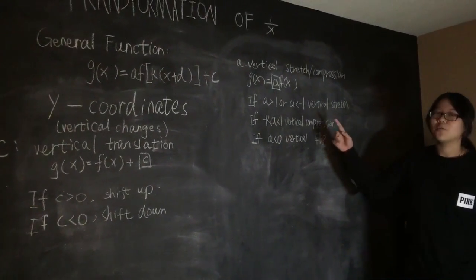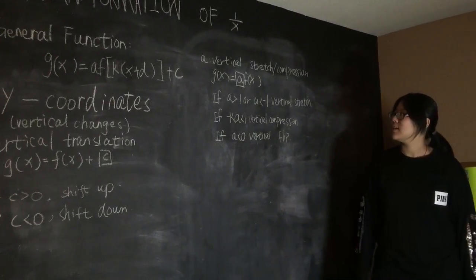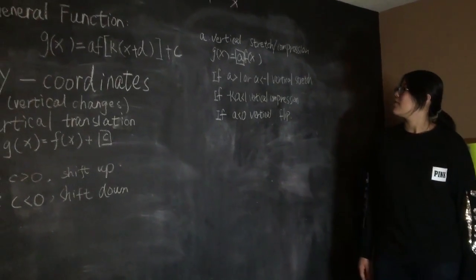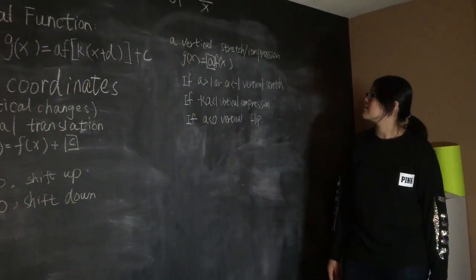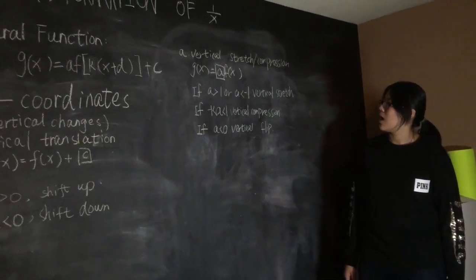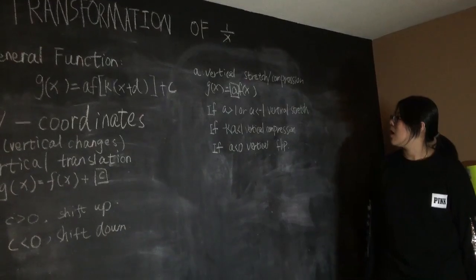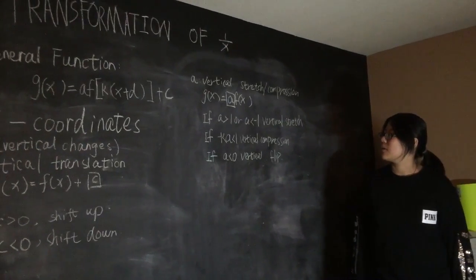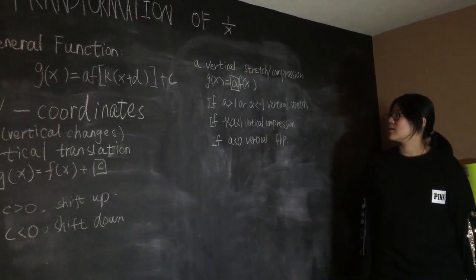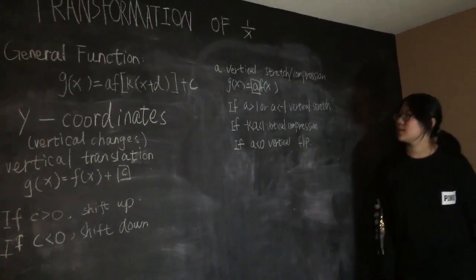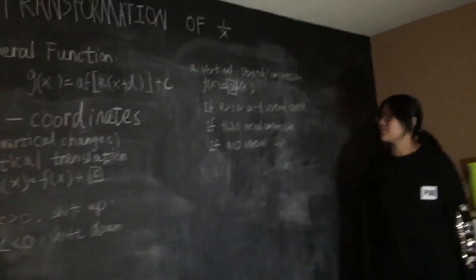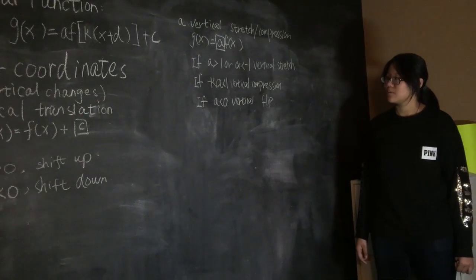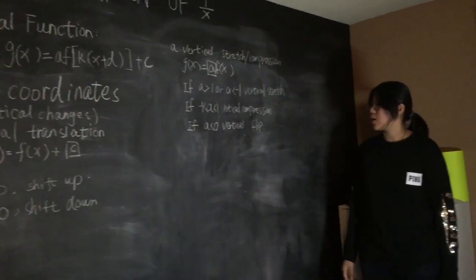The graph of g(x) = A times f(x) is a vertical stretch or compression of the graph of f(x) by a factor of A. If A is bigger than 1 or A is less than negative 1, it means a vertical stretch by a factor of A. If A is between negative 1 and 1, it means a vertical compression by a factor of A. If A is less than 0, it means a vertical reflection, or vertical flip.